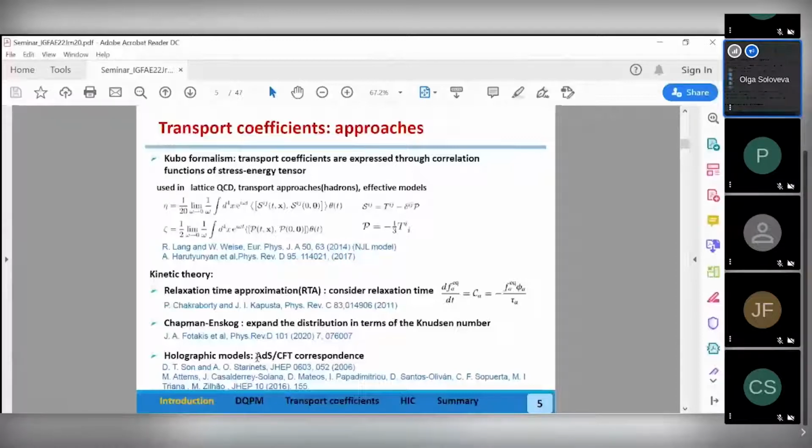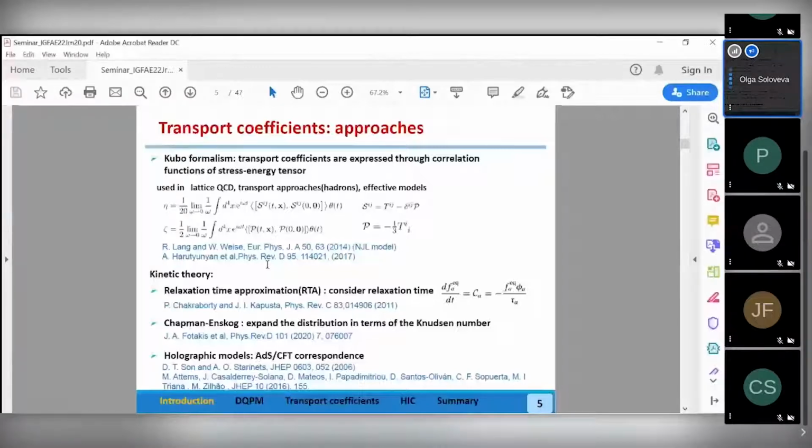Here, for example, are some links for the NJL model. You can see their calculations for shear and bulk viscosity. Another approach is kinetic theory.